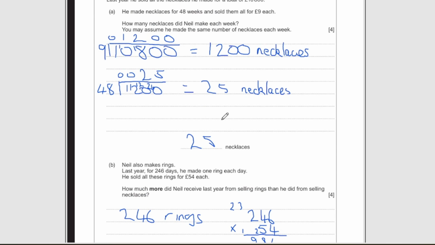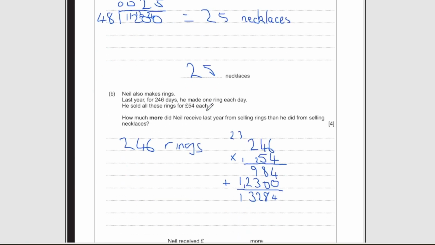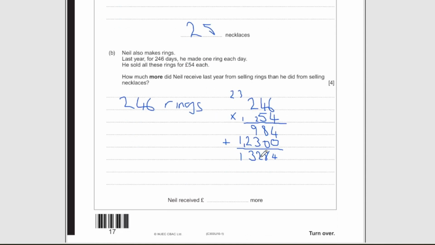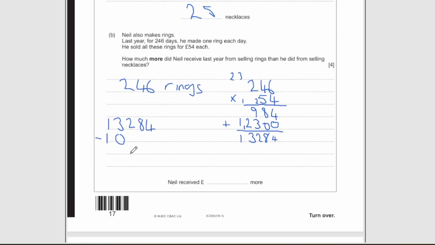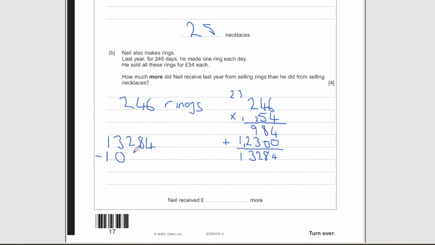We look at the previous question, he made a total of £10,800. And here he's made a total of 13,284. So we need to take away 13,284 minus 10,800. There we are.